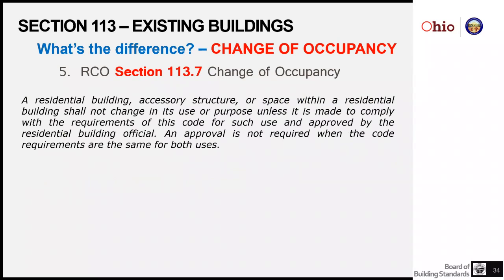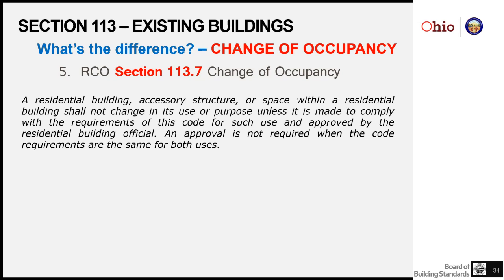113.7 is about change of occupancy. This one is going to be a little less common in 1, 2, and 3 family dwellings because for the most part, 1, 2, and 3 family dwellings are one sort of building type, one sort of occupancy. They are regulated by the same code. In a few instances, the requirements for single family may be different than the 2 and 3 family.